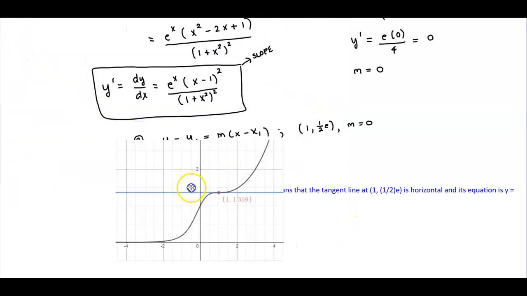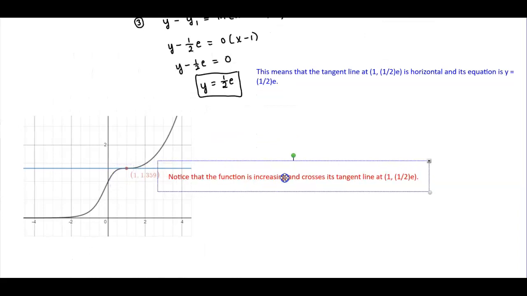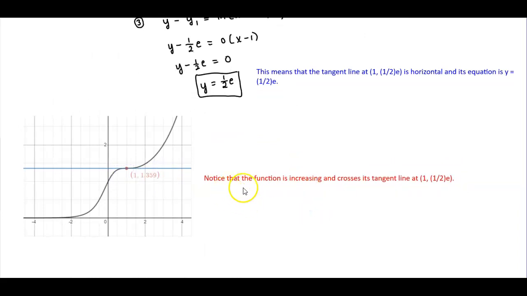So let's take a look at this graph, and so we can say that the function is increasing and crosses the tangent line at the point 1 and then 1/2 e, which is that point right there.